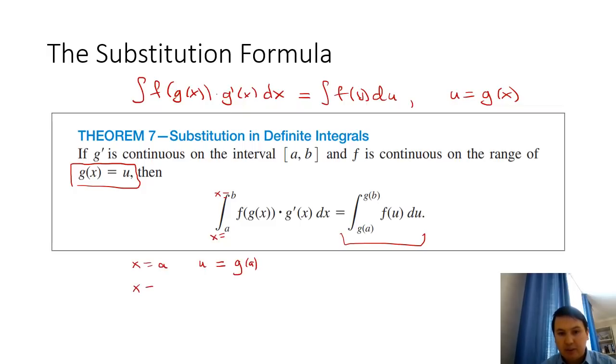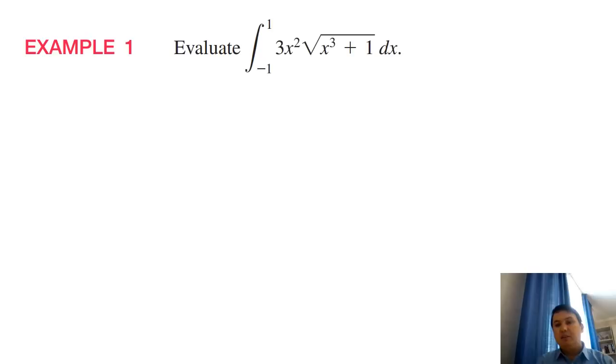And similarly, when x equals b, the upper limit of the integral, your u becomes g of b. That's the transformation you need to do in handling definite integrals after you applied u substitution. You have to be careful with these limits. It's one of the confusing parts sometimes.